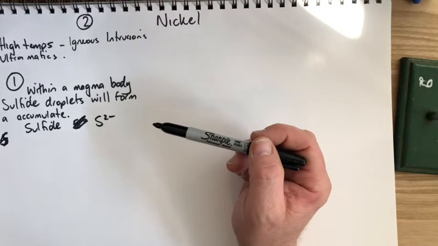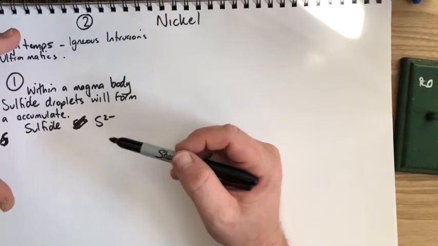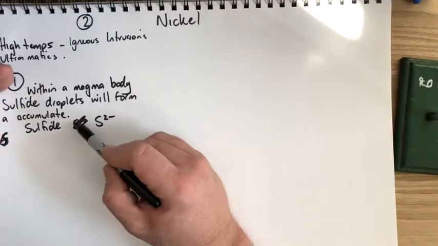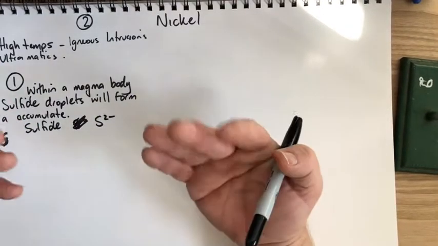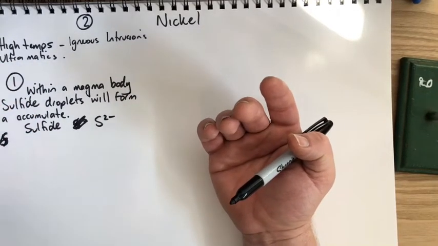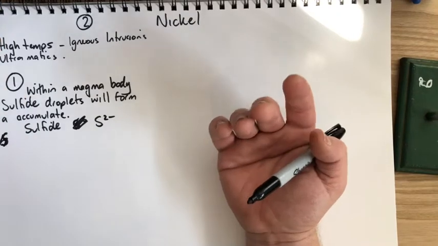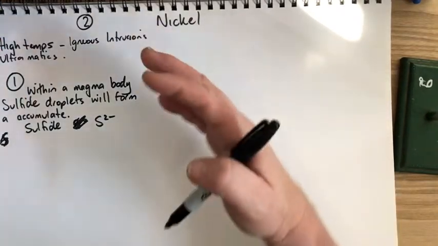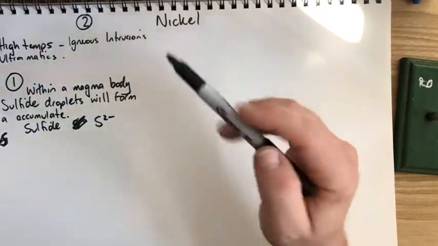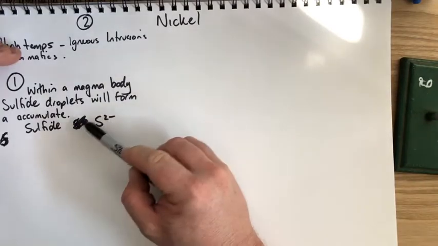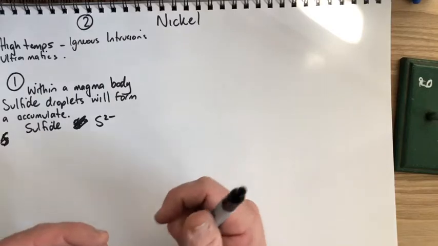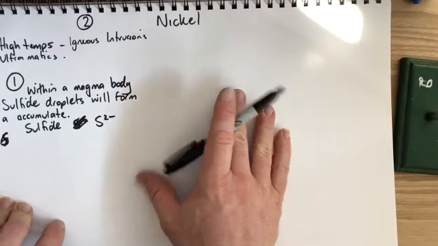It's gained 2 electrons, so it's a sulfur atom that has gained 2 electrons, which makes it want to react with other metals and other minerals. So this is often why you find metals that are bonded with a sulfide, because it is this negative ion that attracts other metals.